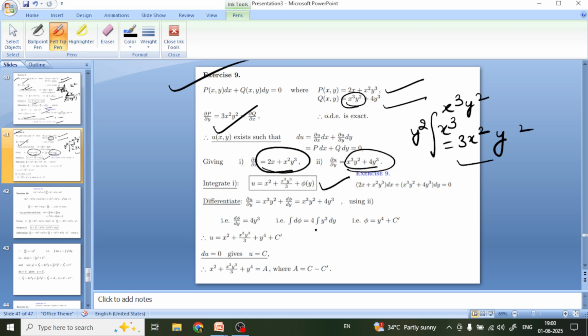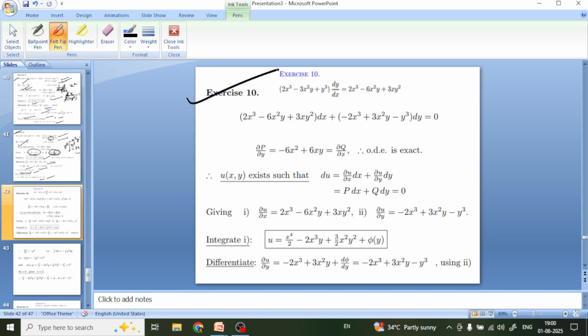Find out integration, and then find out differentiation, and find out 4y cube, 5 is equal to y raised to power 4 plus c dash, and a is equal to c minus c dash.